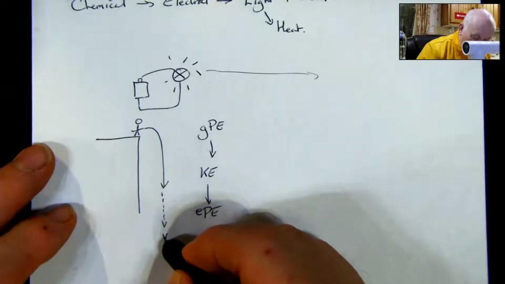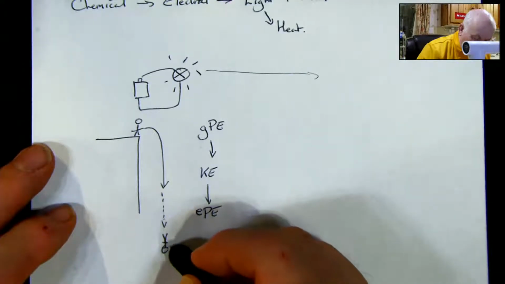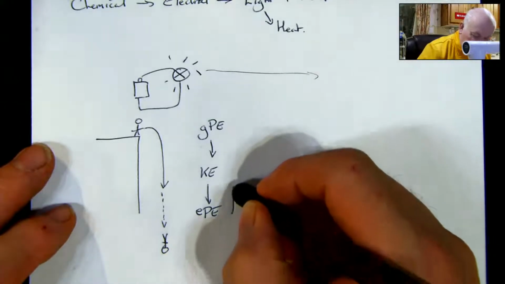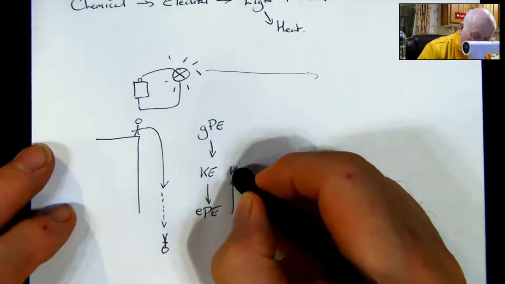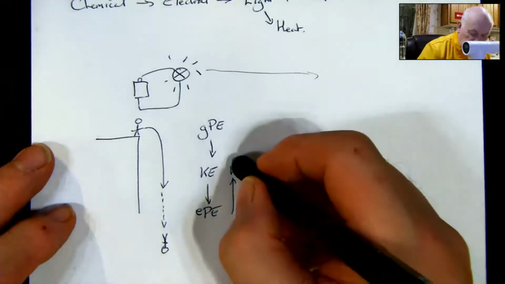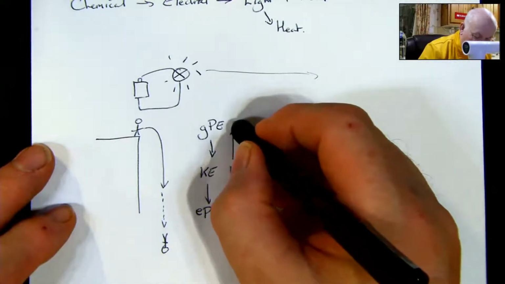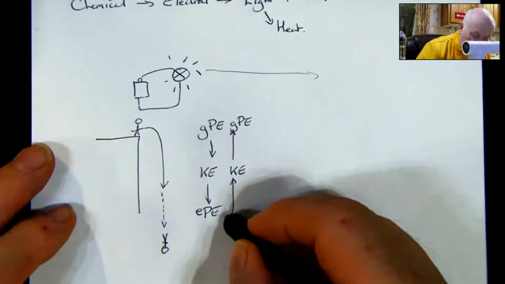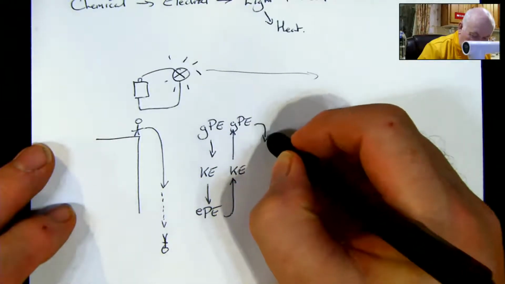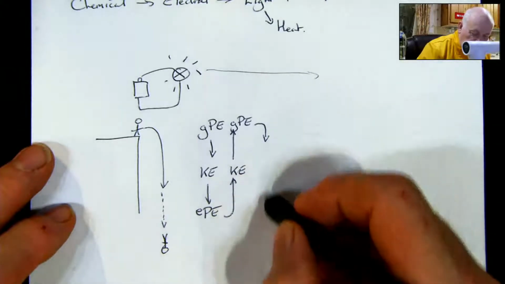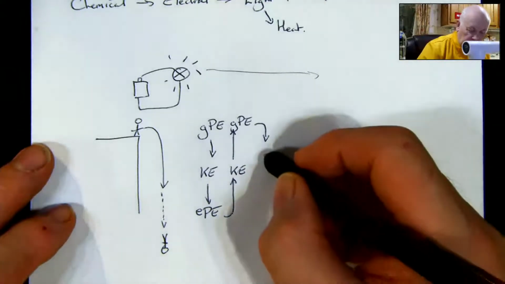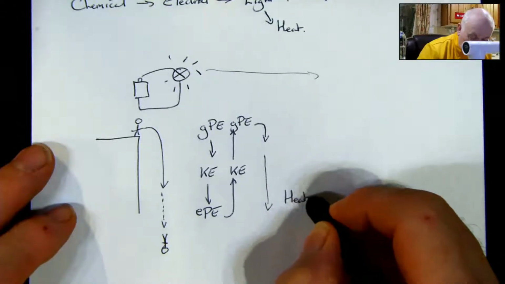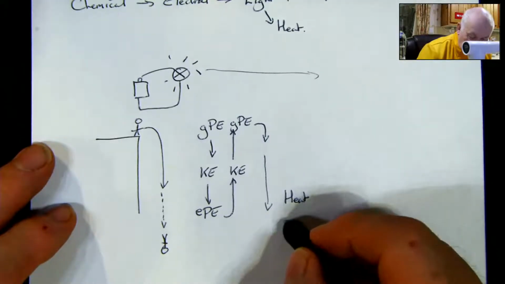Eventually the person reaches a point where they can't go any further, and the elastic potential energy is turned back into kinetic energy, which is turned back into energy of height, which is potential energy, and then the system works all over again, and gradually energy is lost. And where's the energy lost? Well, typically as heat in the elastic.